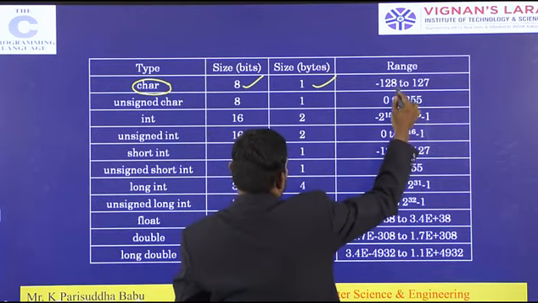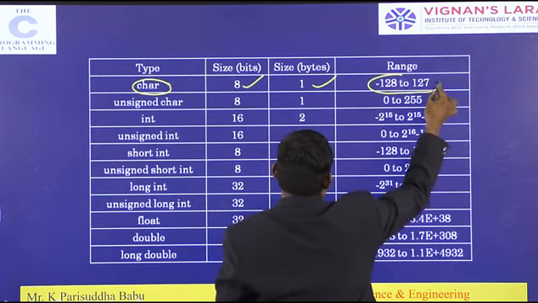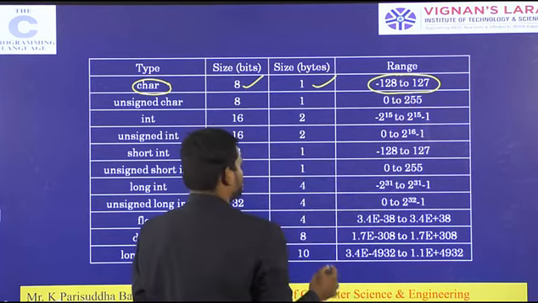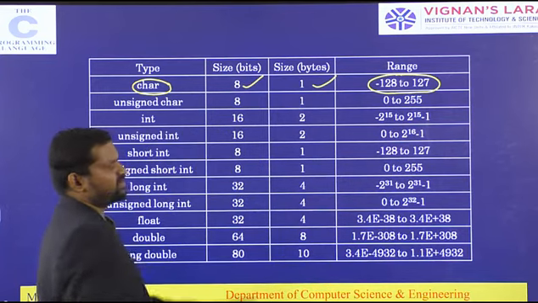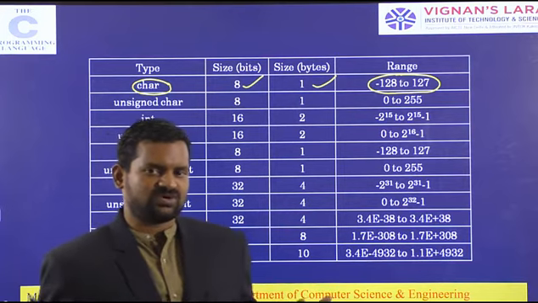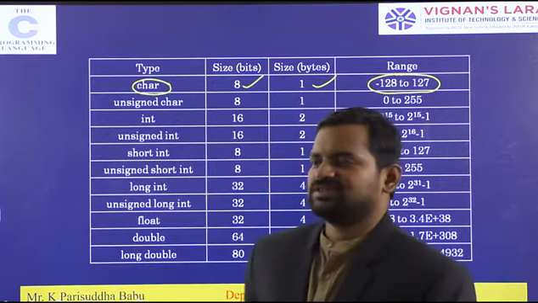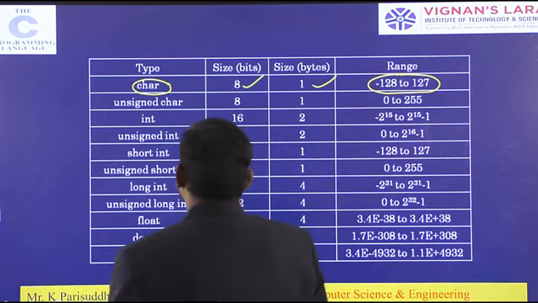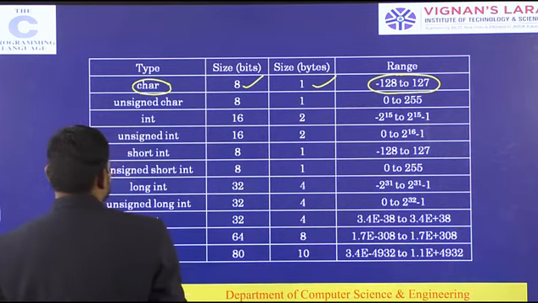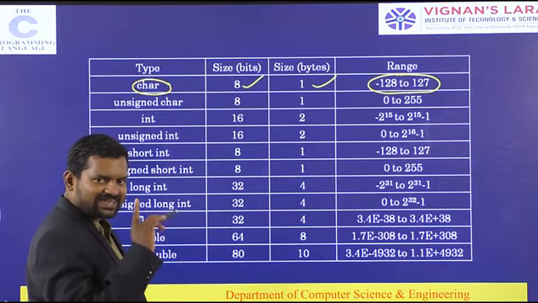The range of values which it stores is -128 to 127. In between this range, the data has to be stored in the memory. So the least memory available among the data types is the character.